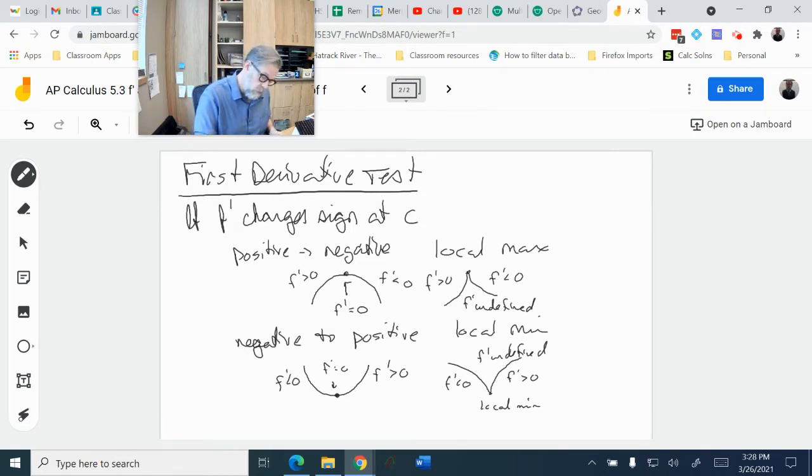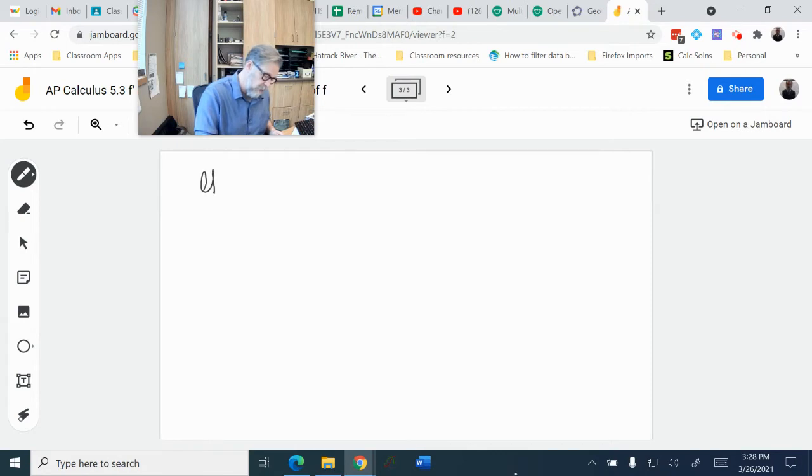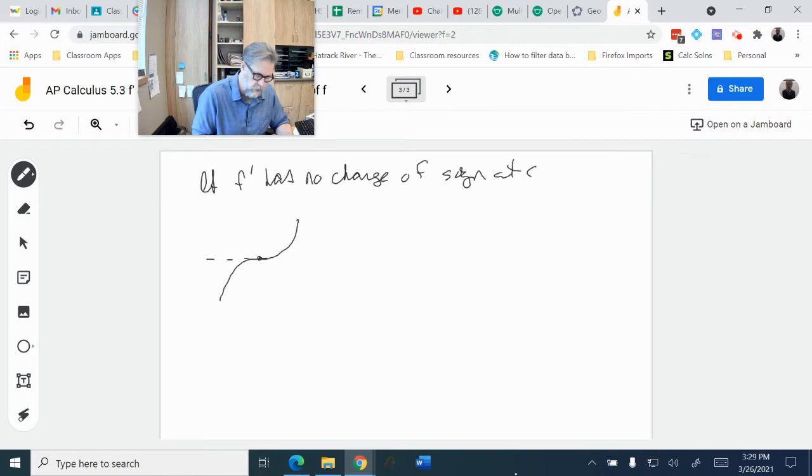All right, what if f prime has no change of sign at c? Well, let's look at a situation like that. This is the one I talked about a little bit earlier. There's f prime equal to 0. There is a critical point right there.